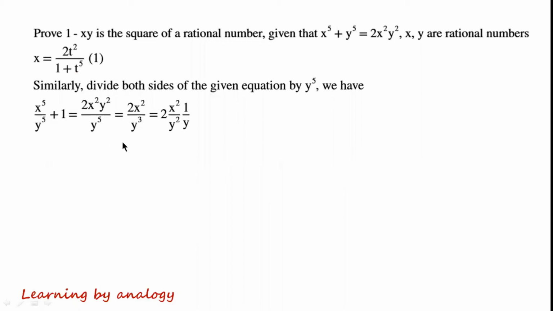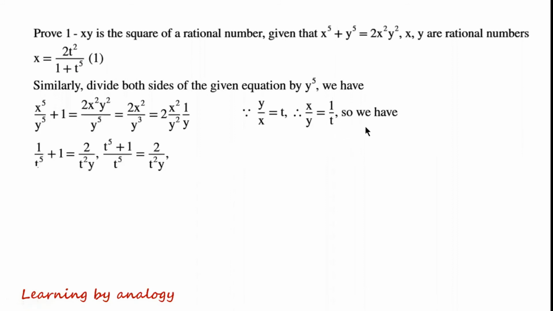Simplifying, we have 2x squared over y cubed, which can be written as 2x squared over y squared times 1 over y, because y over x equals t, so x over y equals 1 over t.